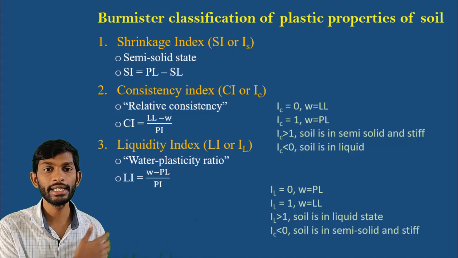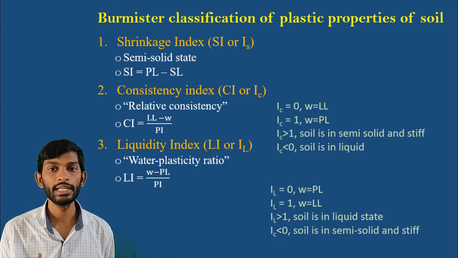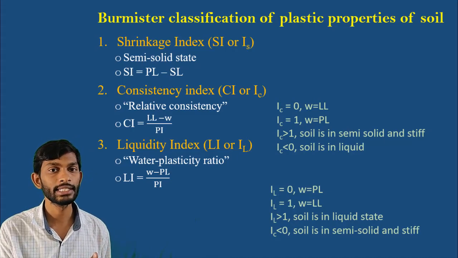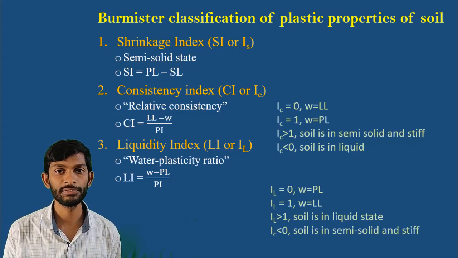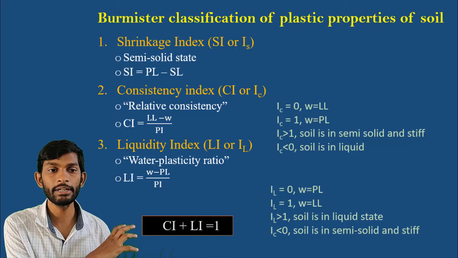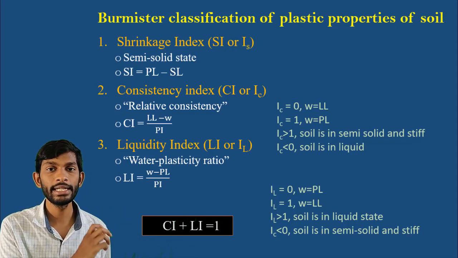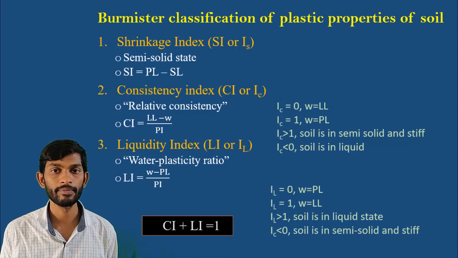When IL is greater than 1, soil is in liquid state, and when IL is less than 0, soil is said to be in semi-solid or stiff state. So this is the clear-cut difference between the consistency index and the liquidity index.